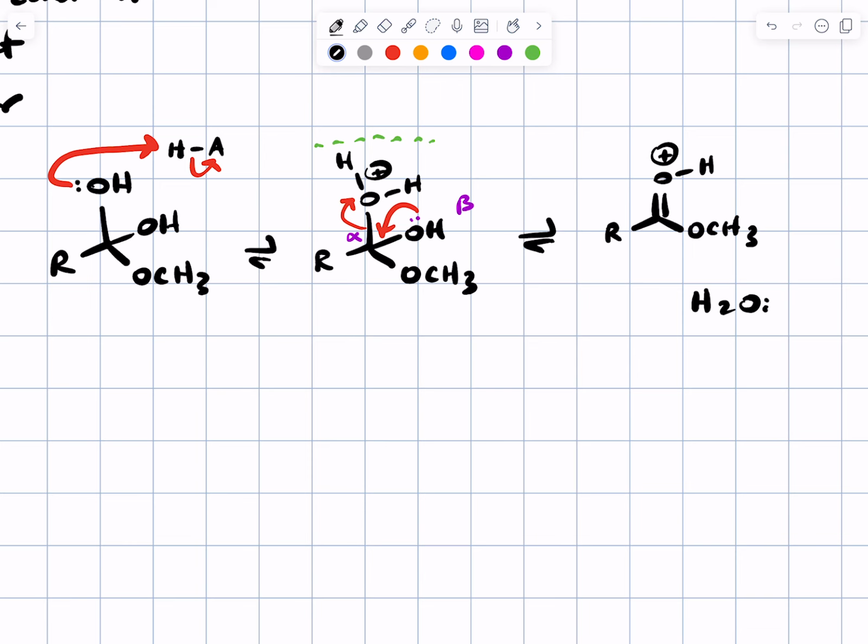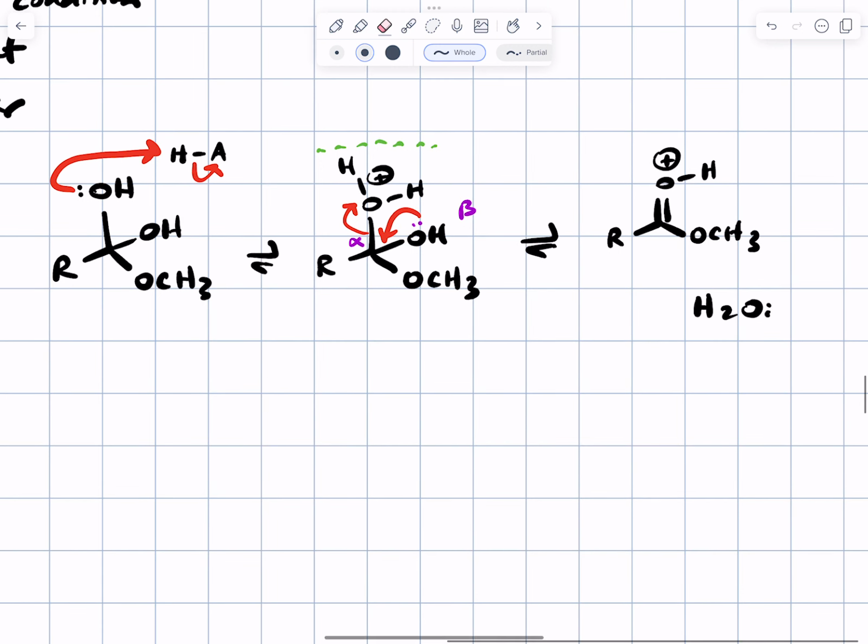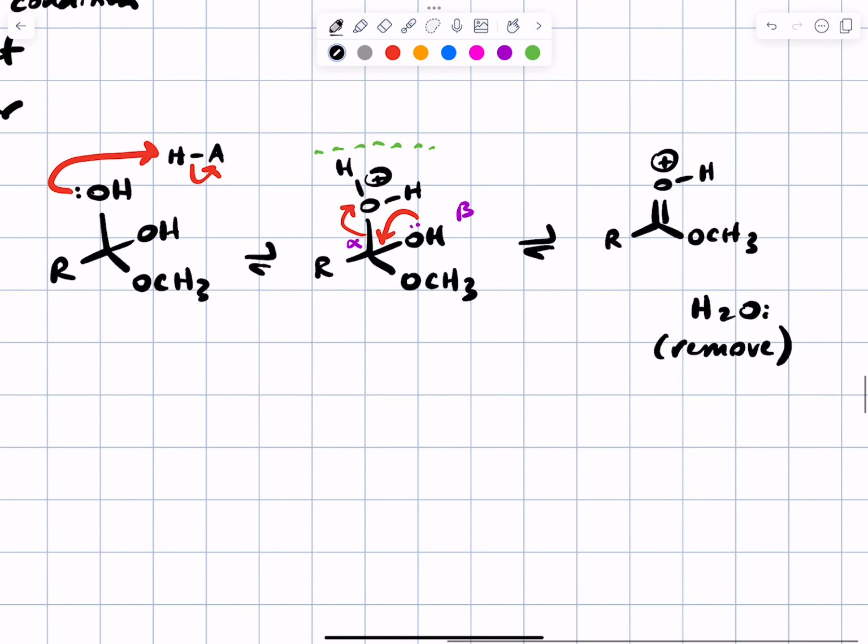Of course, at this stage, water could be a good enough nucleophile to attack the positively charged oxonium ion. That's why we're removing it. There are multiple strategies for removing water. One of them is distillation. I'm not sure if you do this in your 353 lab.